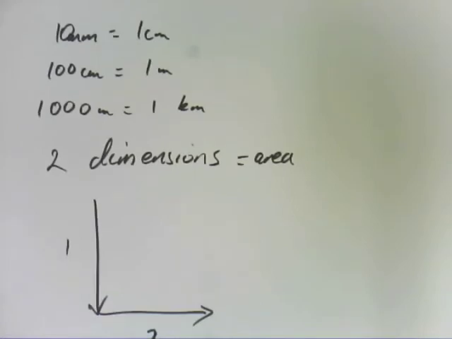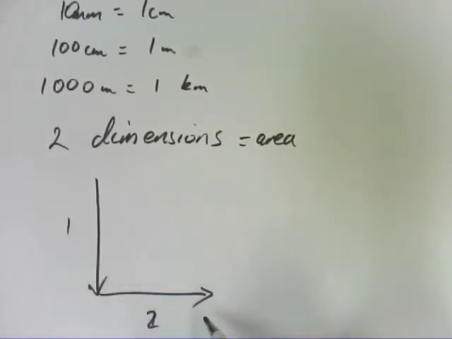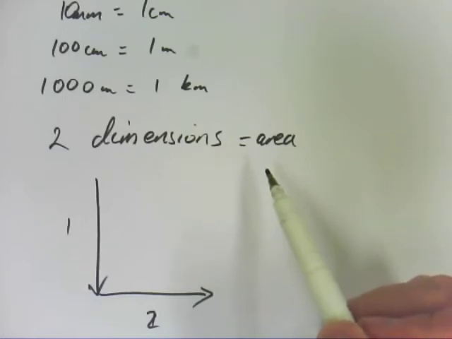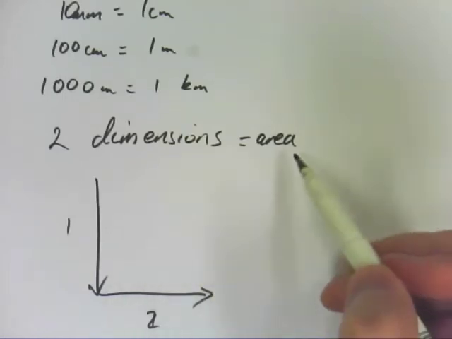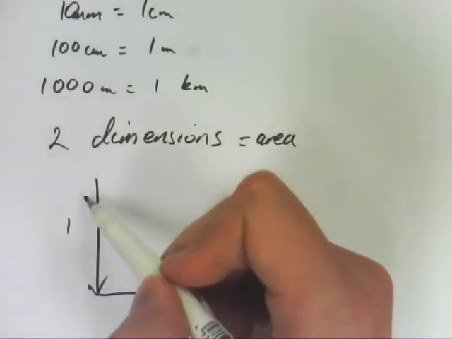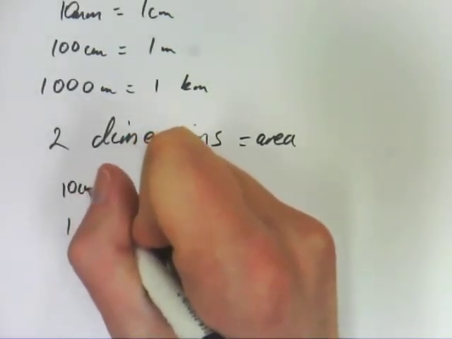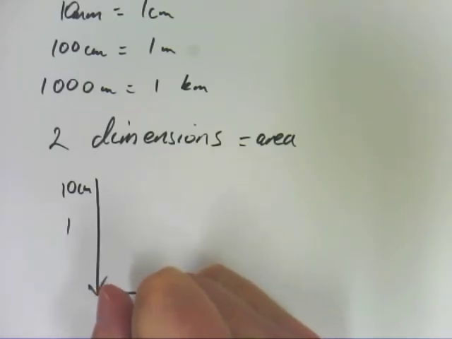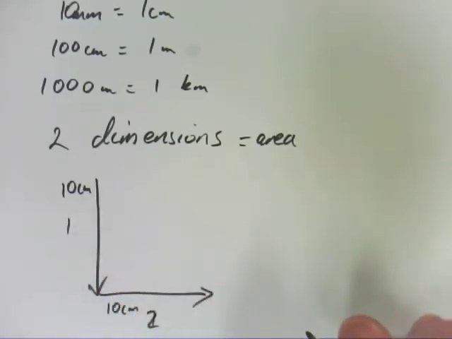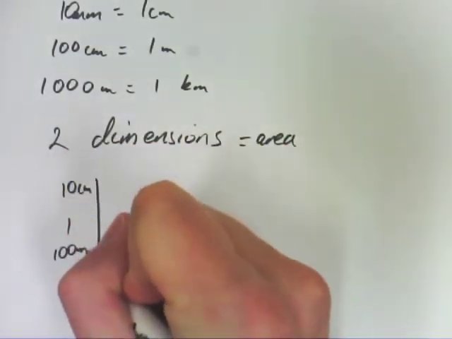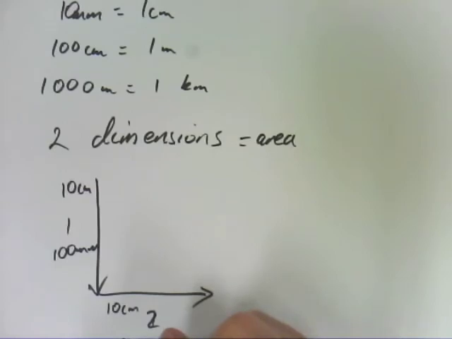If you're converting an area, and let's say this was 10 centimeters and this was 10 centimeters, and I asked you to convert that into millimeters, then this would be 100 millimeters, and this would be 100 millimeters.